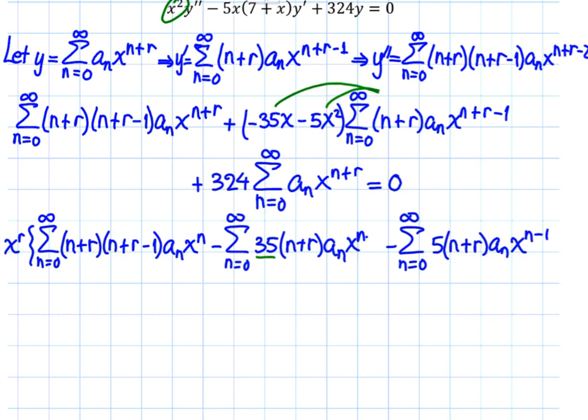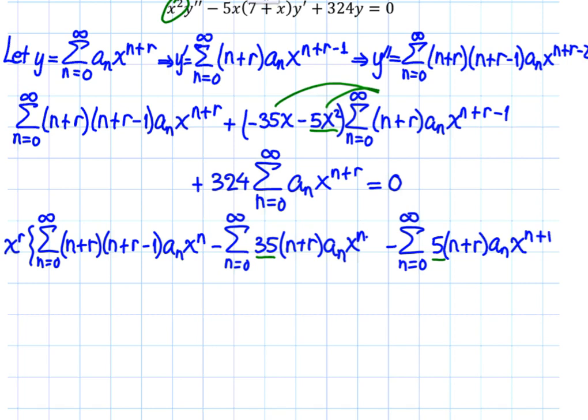But notice that we multiply the 5x squared into it. There's a 5. The x squared times x to negative 1 will be x to the first. So we change that to n plus 1. Once we multiply the x squared inside, that's what we have.